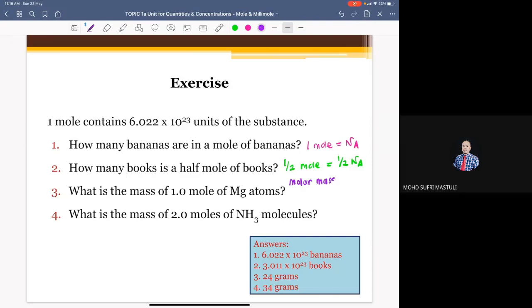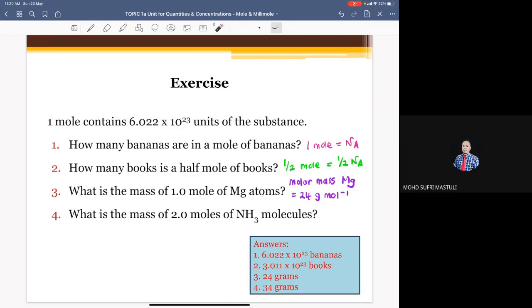The molar mass of magnesium, from the periodic table, we can obtain that the magnesium atomic mass is 24 gram per mole, or gram mole minus 1.